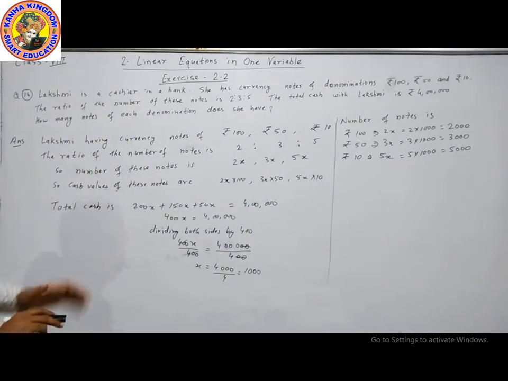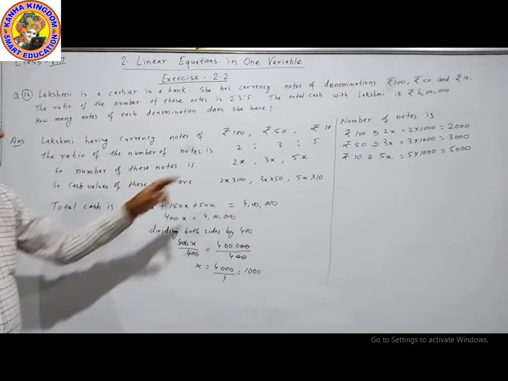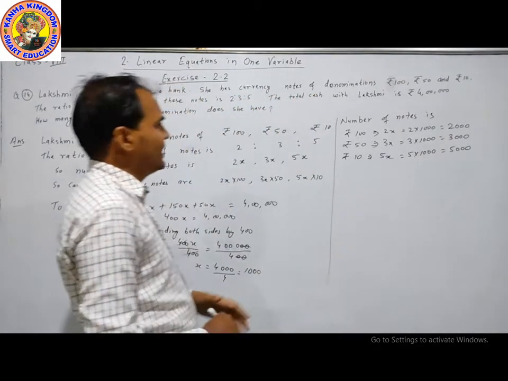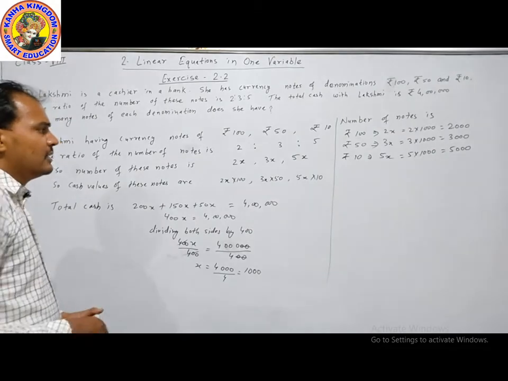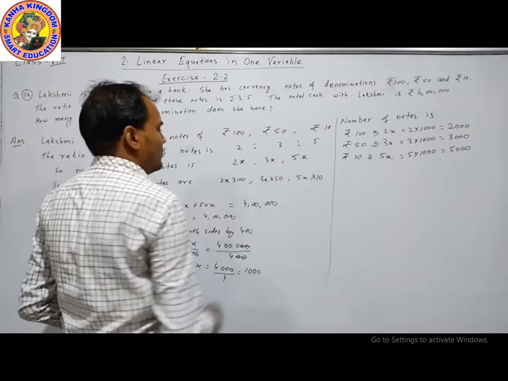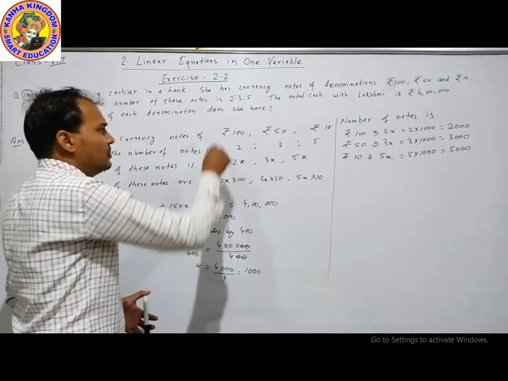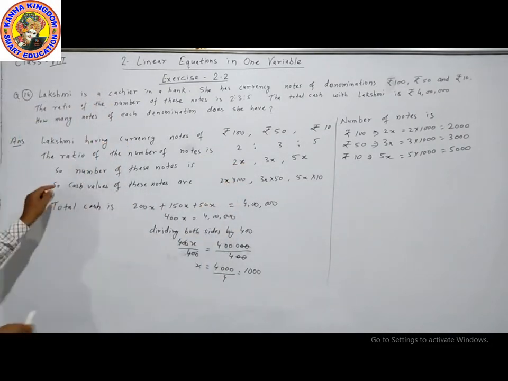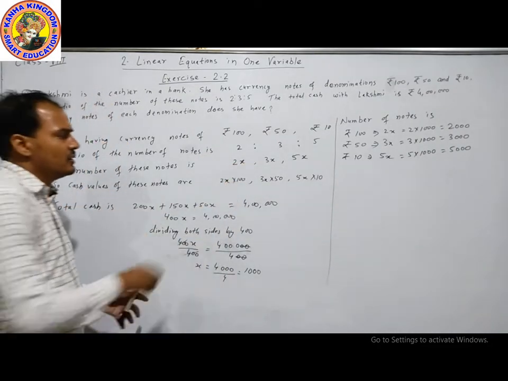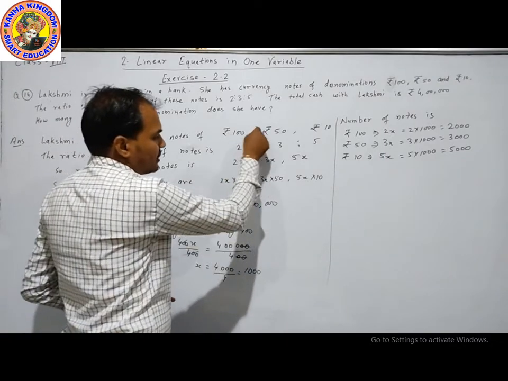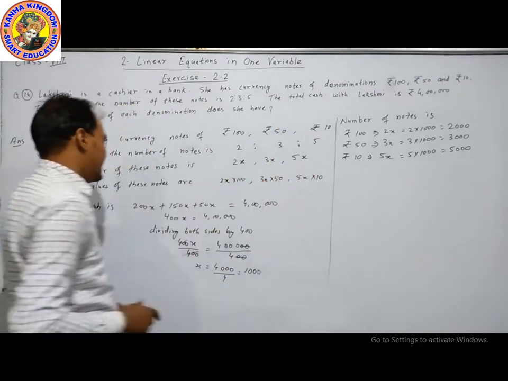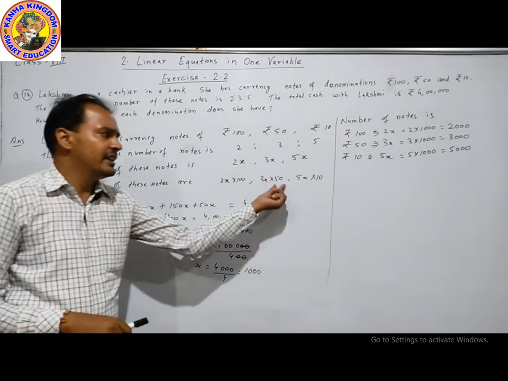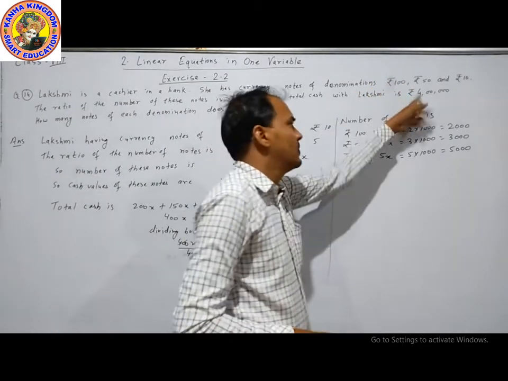The question says the total cash value is 4 lakh, but these are the numbers. When we find the cash value, we multiply the value of each note with the number of notes. So the cash value of these notes is 2x into 100, 3x into 50, 5x into 10. Total cash is the addition of these, equal to 4 lakh.